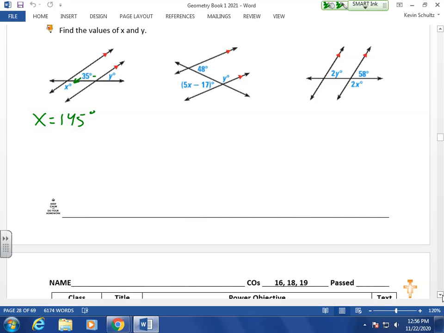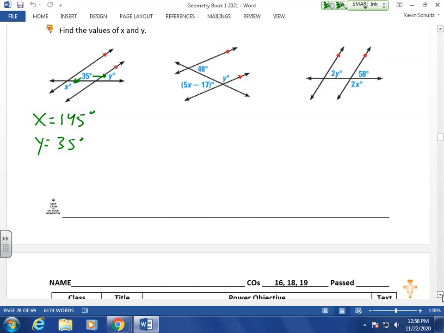And then angle Y corresponding with our given angle of 35 degrees, that would be congruent. And so we get a 35-degree angle there. Okay, so 145 and 35 using a variety of relationships here. Linear pair, corresponding angles.